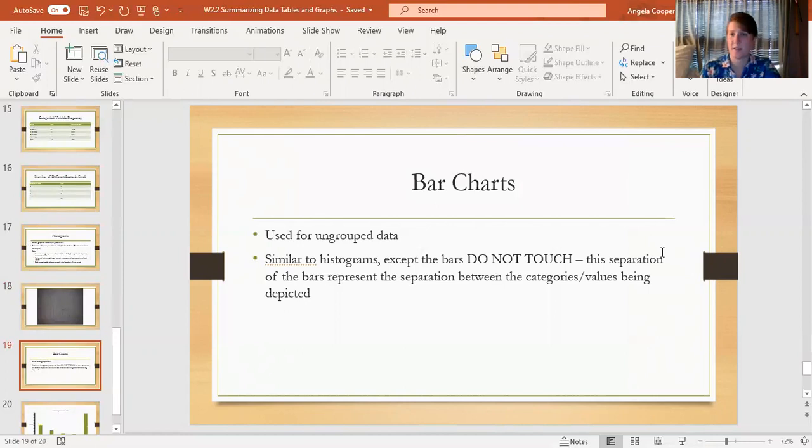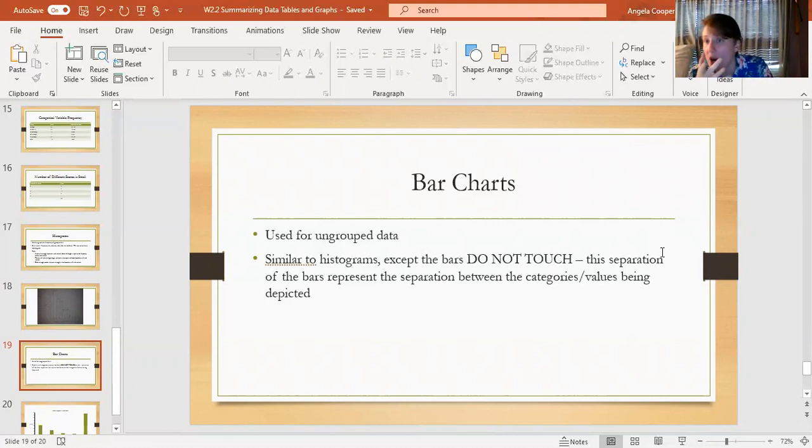So bar charts, as I mentioned, are used for ungrouped data. So for that example we had with the majors at Fresno State, the crim majors, chemistry, psychology, kinesiology majors, oh, that is always a hard one for me to say. But for those majors, that would be ungrouped data, or for the number of naps, recall that example where it was 0, 1, 2, 3, 4.